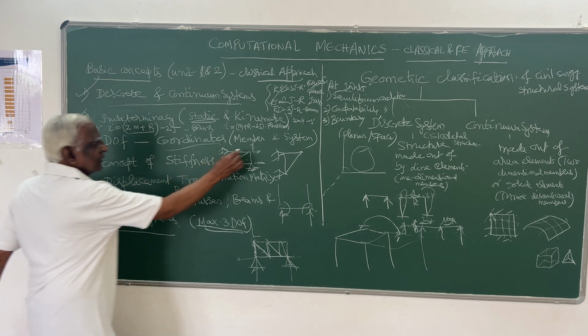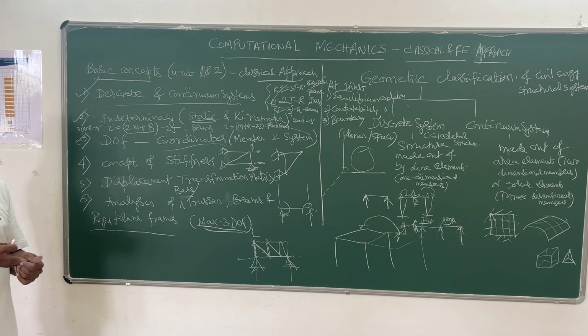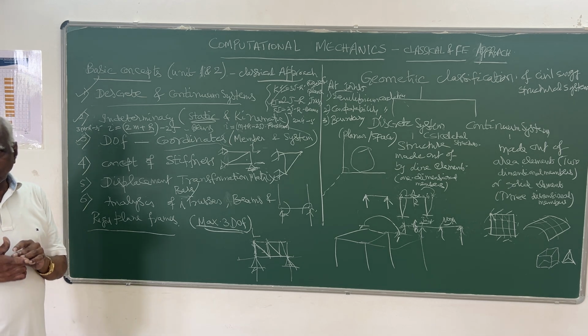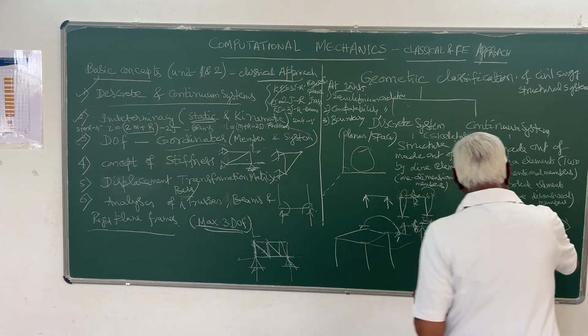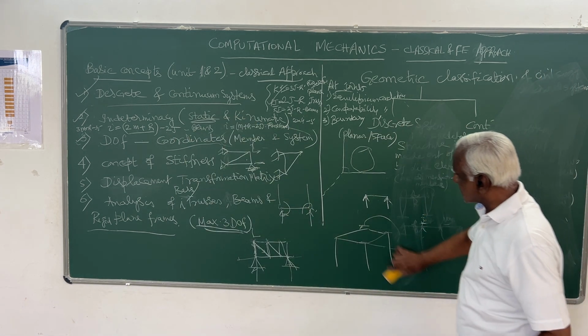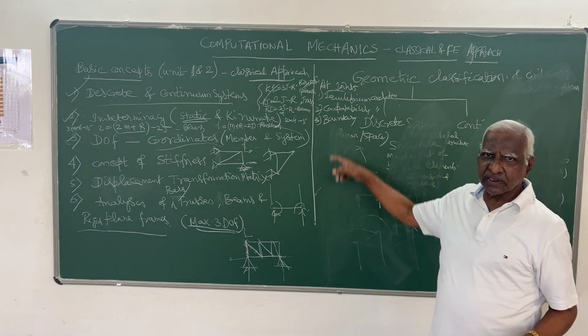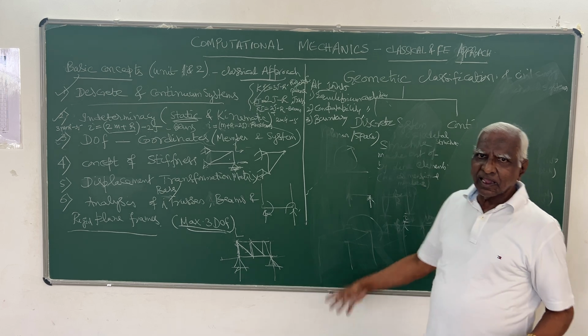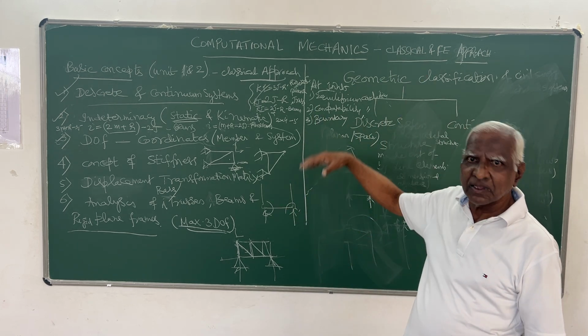Next comes these coordinates. Right? There are two types of coordinates which we define. Of course, here the coordinates, whatever I have considered, is our usual Cartesian coordinate system along x, along y, along z. Whatever the direction of force, we can resolve.